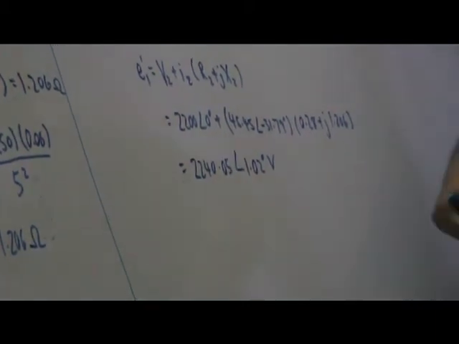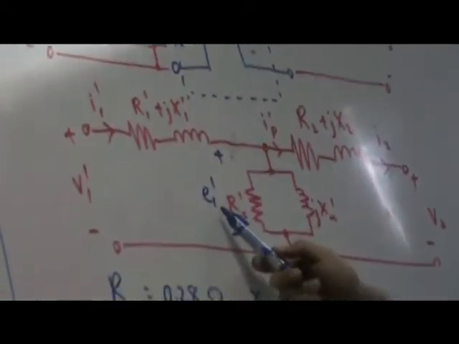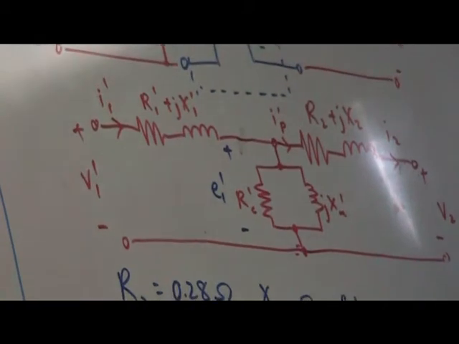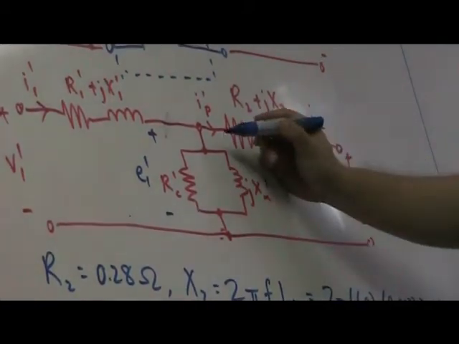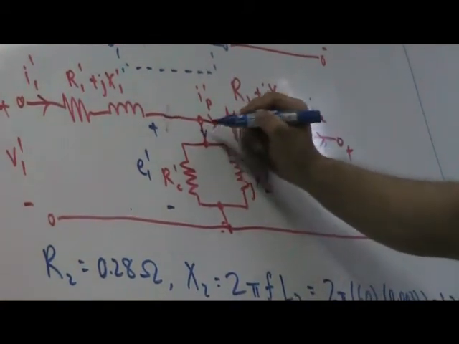Then V1 prime will be I1 prime times R1 prime plus JX1 prime plus E1 prime. But we need to find what I1 prime is. I1 prime is just I2 plus whatever current flows through here. The current that flows through here is called the no load current.